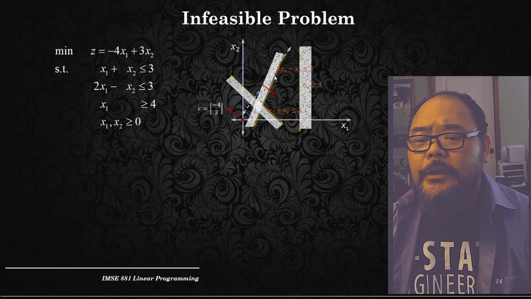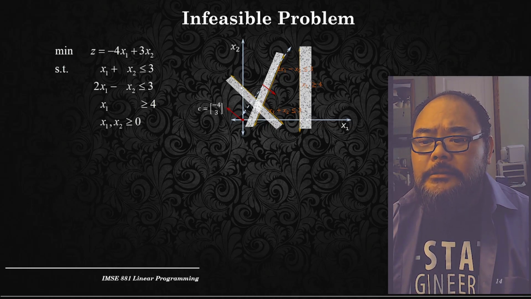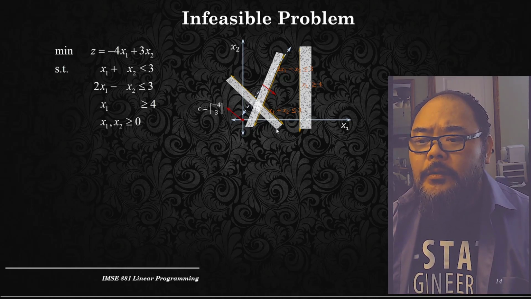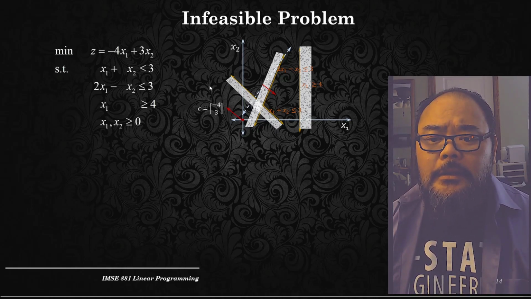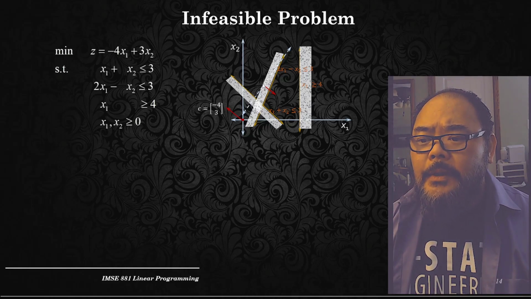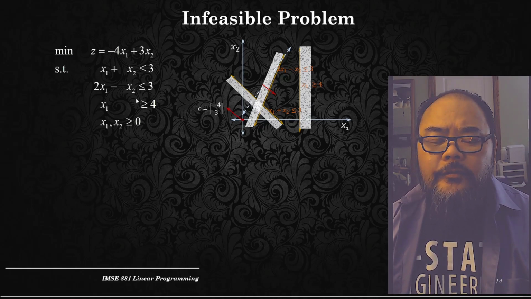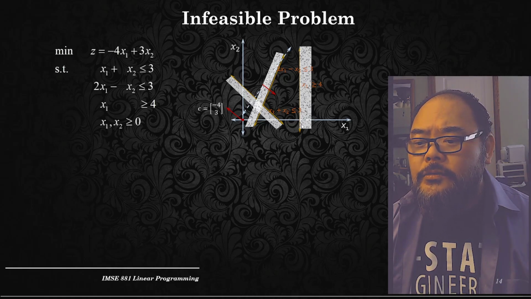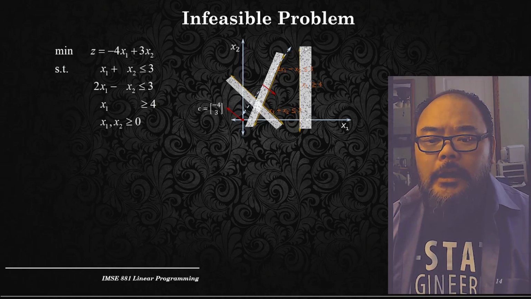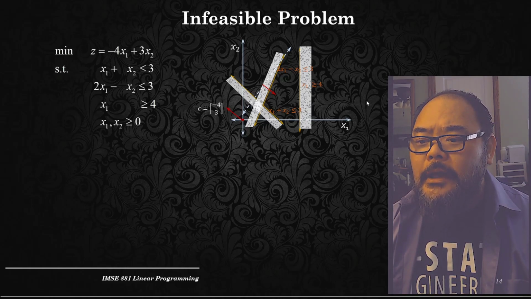This is the first constraint, and since it's less than or equal to, it's in this half space; the shaded area represents the half space this inequality constraint represents. Also, this is 2x1 minus x2 less than or equal to 3, the second constraint, so the left hand side, the gray area, represents that half space. But if you look at the third constraint, x1 greater than or equal to 4, it's this side.